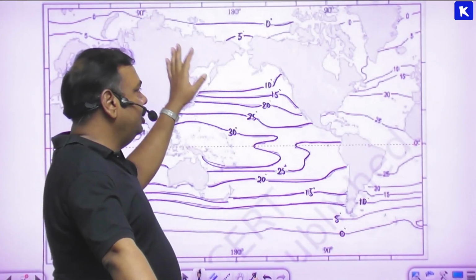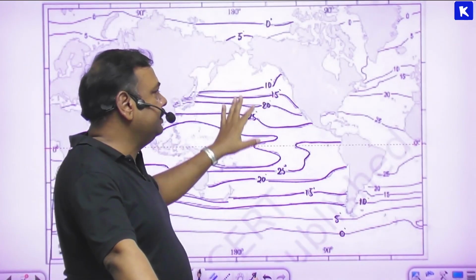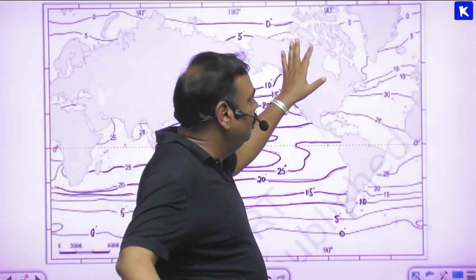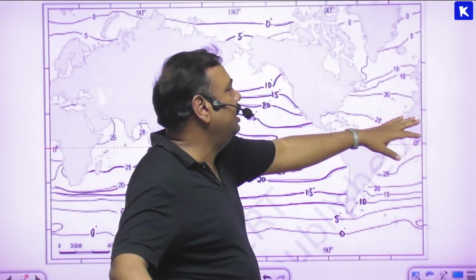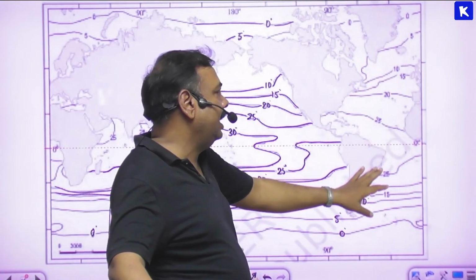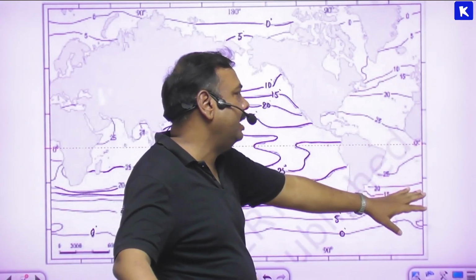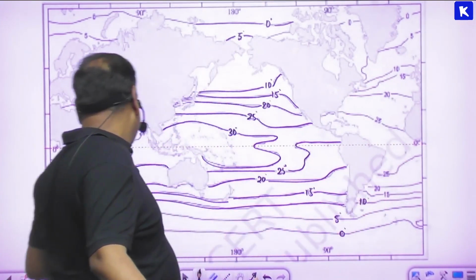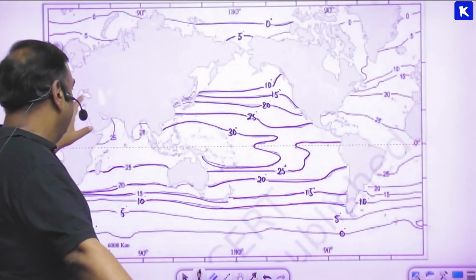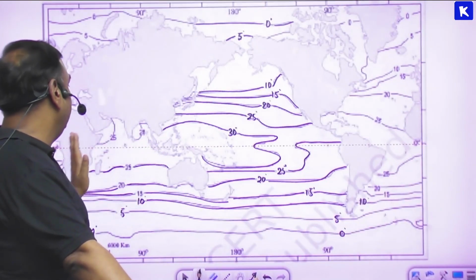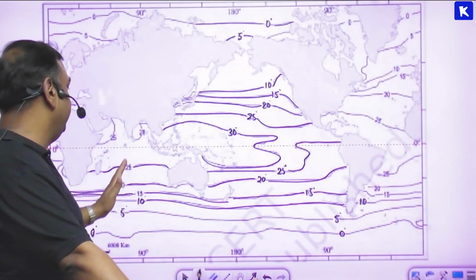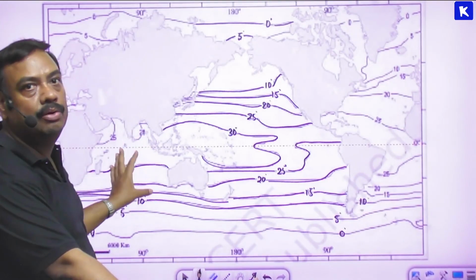Between Asia and North America, it is Pacific Ocean. Between North America and Europe, it is the Atlantic Ocean. Between South America and Africa, it is Atlantic Ocean. Below the Asian region, towards the east of Africa and west of Australia, we have the Indian Ocean.